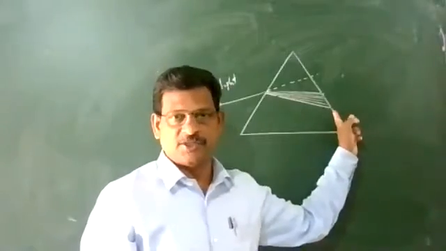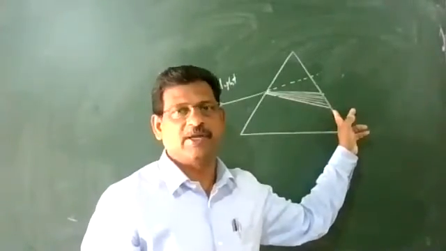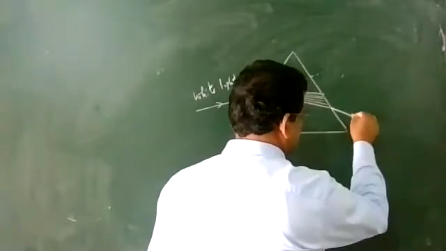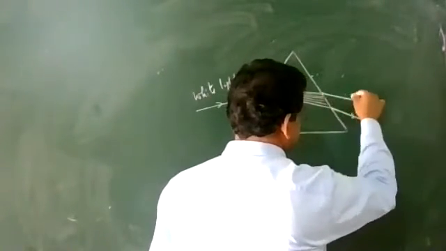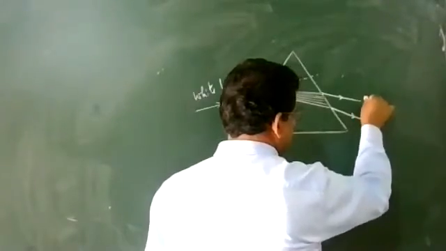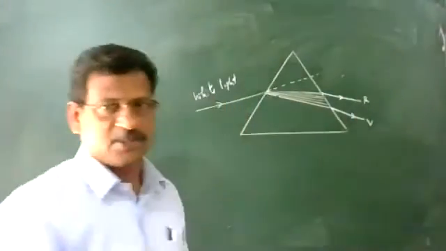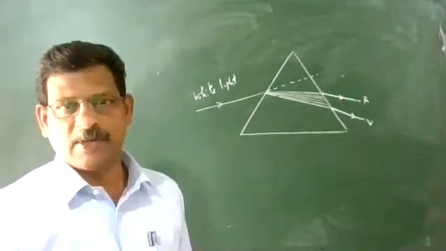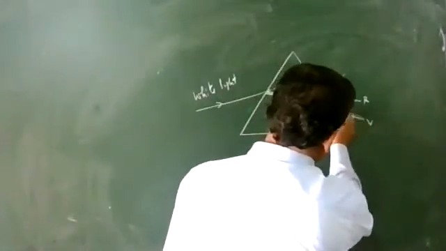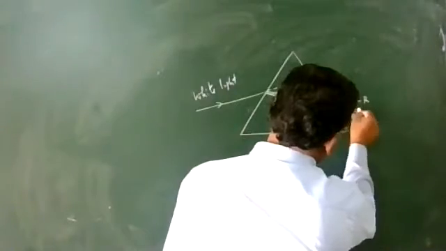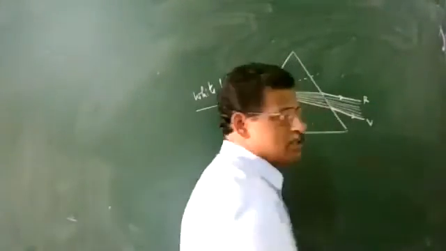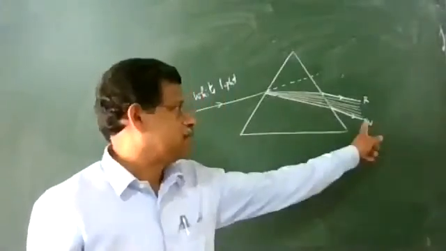After that, when it reaches the second surface, one more refraction takes place, and after that they finally come out. The lower one is violet color, the upper one is red color. All 7 colors will be coming outside: first one, second one, third one, fourth, fifth, sixth.